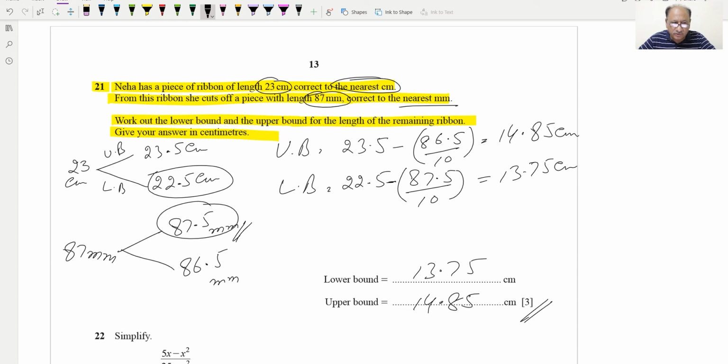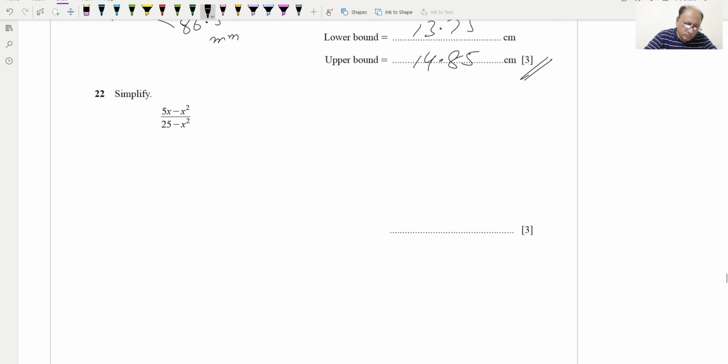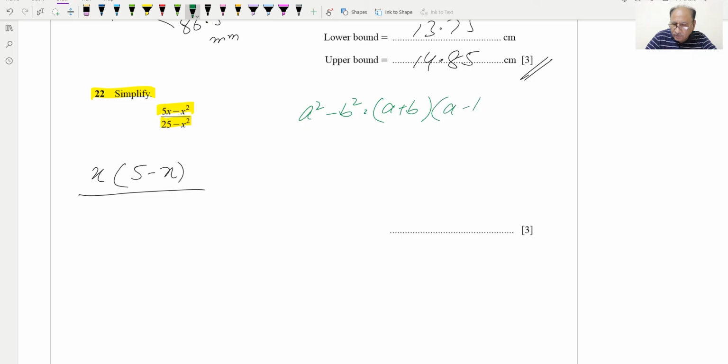Hopefully you understood this. Now question number 22, we need to simplify, and this is the algebraic fraction which they have provided. So we can take x common from numerator, and inside will be 5 minus x, and for denominator we can apply the formula which is a square minus b square is equal to a plus b into a minus b.